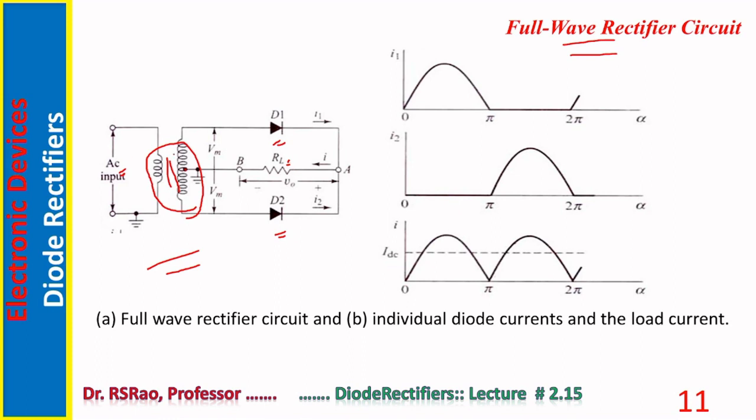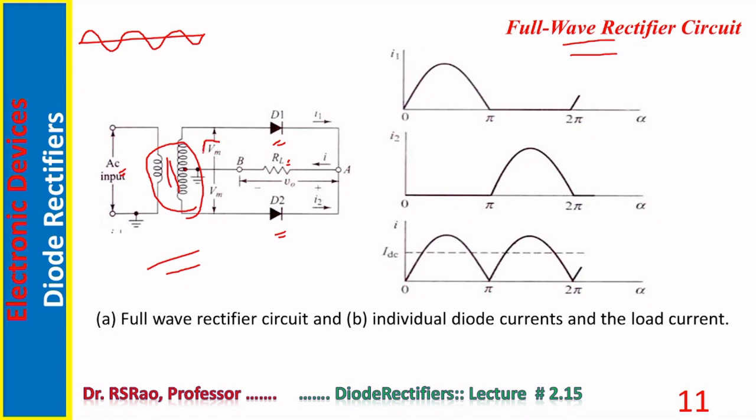It is like this. Input to the rectifier is a full sinusoidal wave. It is transformed into two voltages with a center tapped transformer, and these two voltages are exactly equal with amplitude Vm.